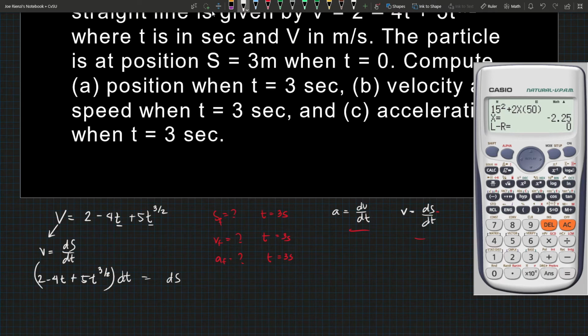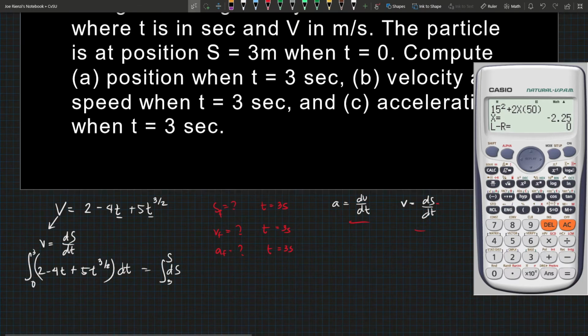So, pwede natin siyang i-take yung integrals niya. Limits ng time natin is from 0 to 3. Kasi yun nga yung binigay sa atin. And then for our distance, yung starting position natin is 3 meters. And then yung final position is yung unknown pa. So S muna yung ilalagay ko.